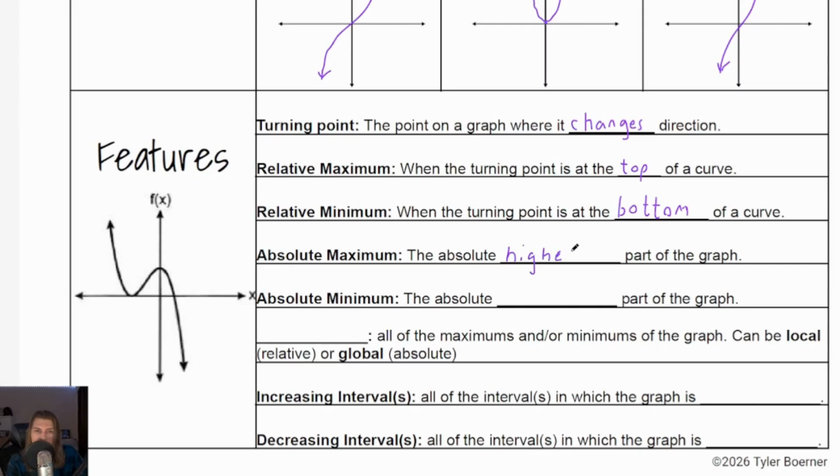Like you guys probably already knew that, but we're just writing it down to make sure you have these definitions. So, if our absolute maximum is the absolute highest part of the graph, our absolute minimum is the absolute lowest part of the graph.